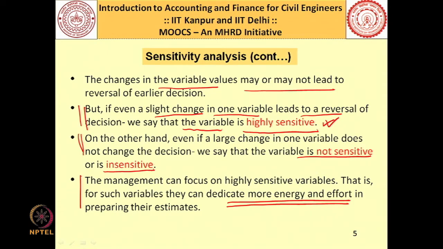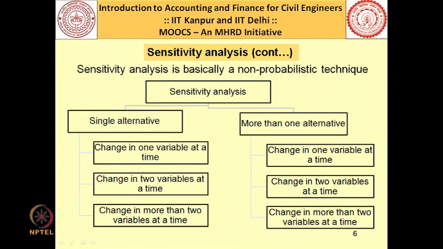Now, as far as sensitivity analysis is concerned, it is basically a non-probabilistic technique. When I say non-probabilistic, we are not assigning any probability to different variable values. Say for example, when I say my income is 100,000, it may go down to 90,000, or in the extreme case it may go up to 110,000.